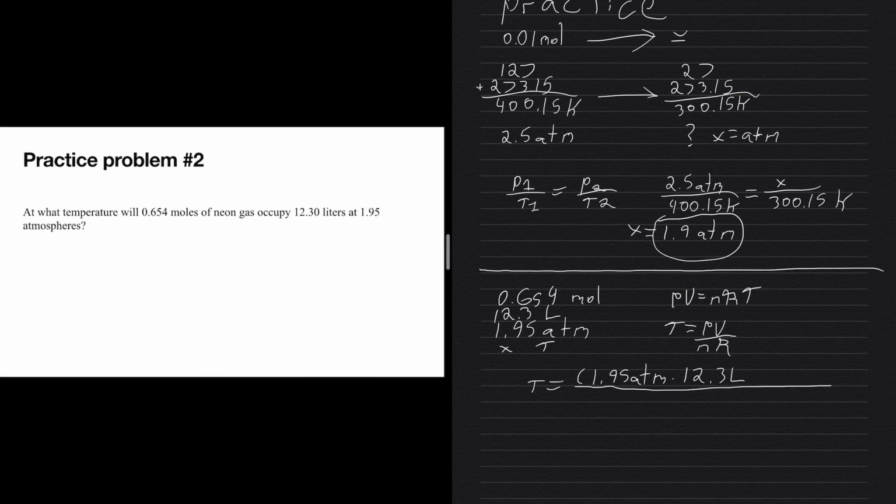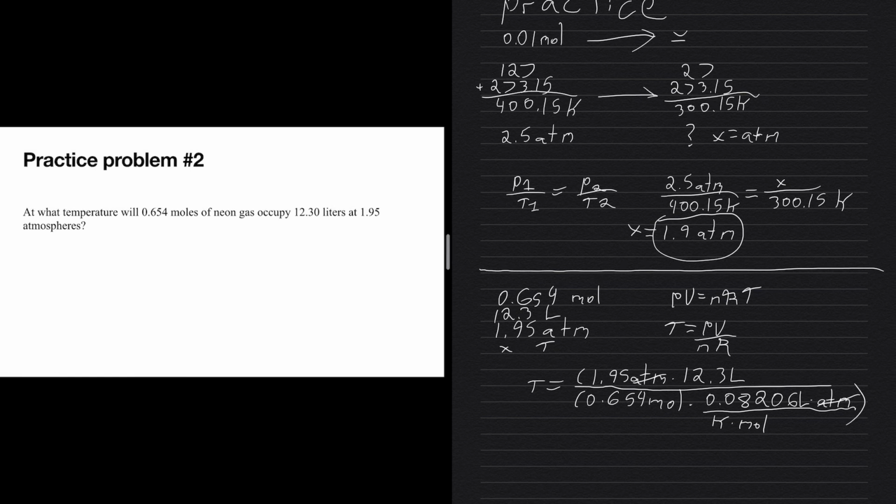And then over n is going to be 0.654 moles. And then R is going to be that constant, which is again 0.08206 liters times ATM over Kelvin times moles.